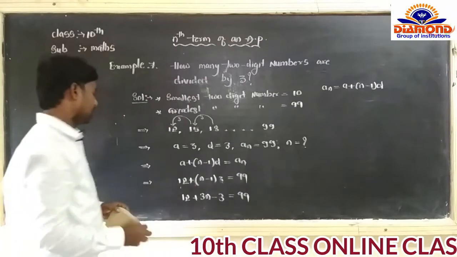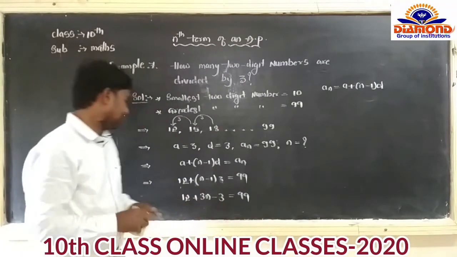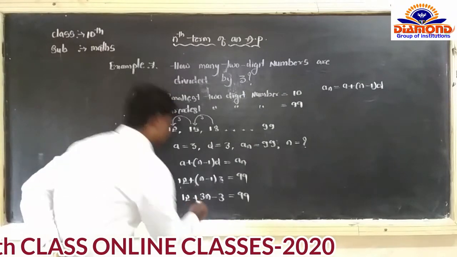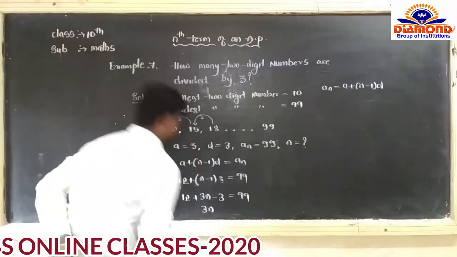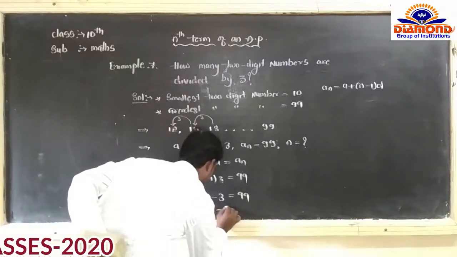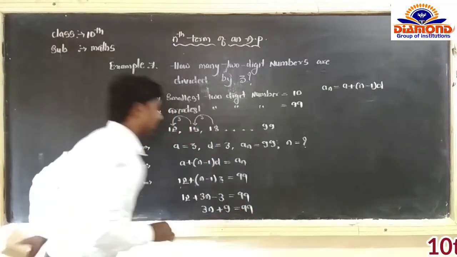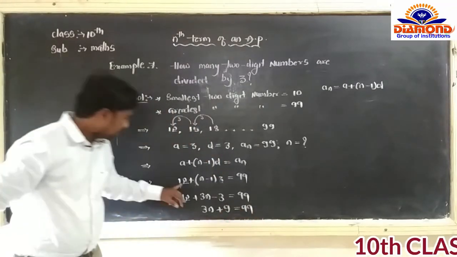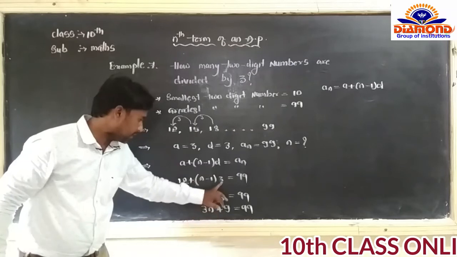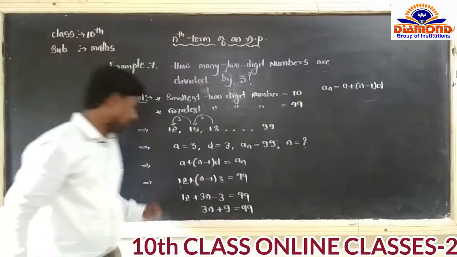So the first term is 12 and n is as it is with 3. Next step: 3n plus 12 minus 3, we get plus 9, is equal to 99. One more time, dear students: here 12 is there, 3 into n is 3n, and minus into plus minus 3 ones are 3. I made a mistake here previously.